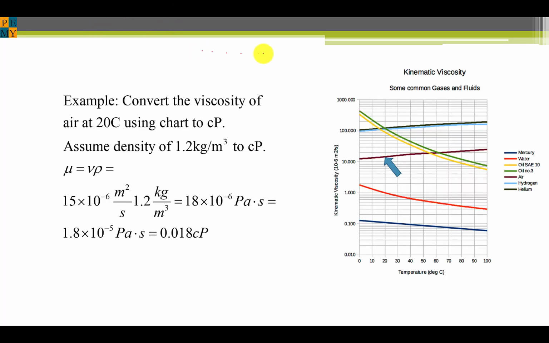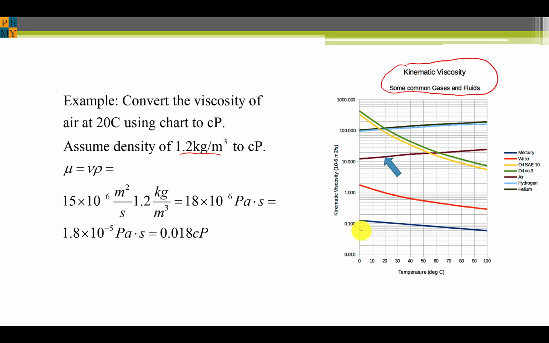Sometimes you'll see plots like this where the viscosity is given as kinematic viscosity. In this example we want to convert the viscosity of air at 20 degrees C using the chart. We want to convert it to centipoise. So we'll assume that air has a density of 1.2 kilograms per cubic meter.